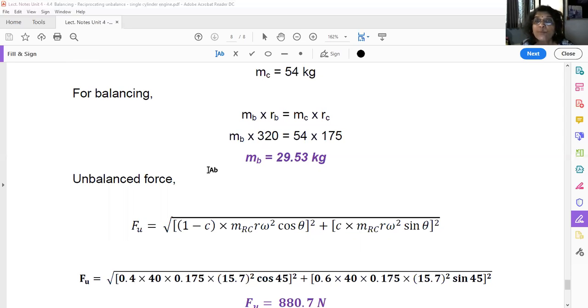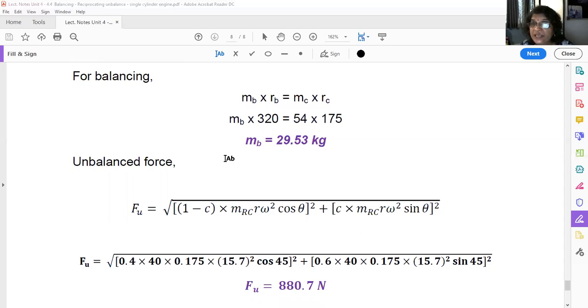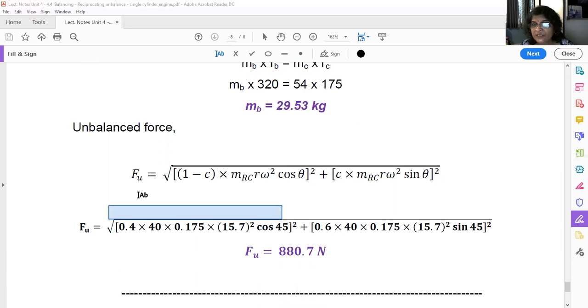Okay, now by providing this mass also, the engine cannot be completely balanced. So how much is that unbalance remaining? We already found this equation. You have to take the vectorial addition of the horizontal component plus the vertical component. So the unbalanced force Fu is equal to, we have seen this formula, square root of [(1 minus C) MRC R omega square cos theta] whole square plus [C MRC R omega square sin theta] whole square.